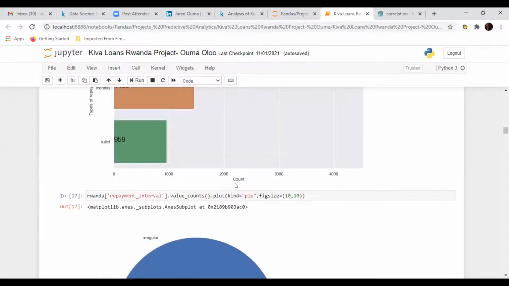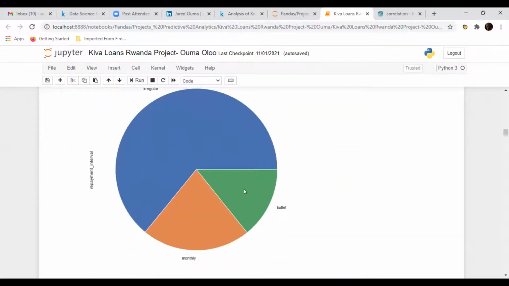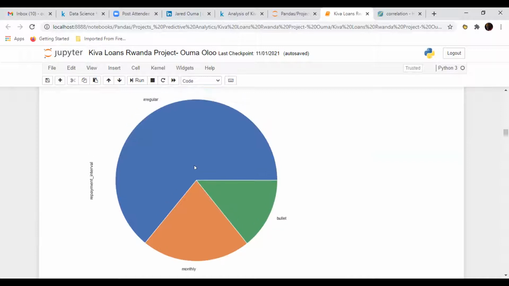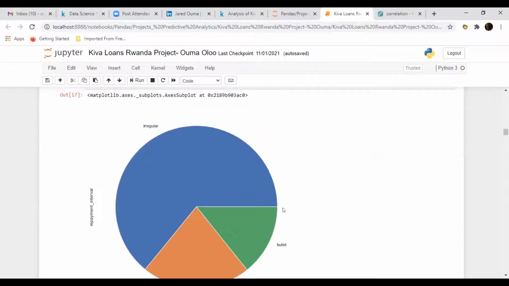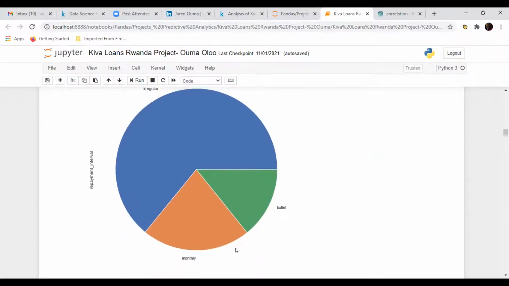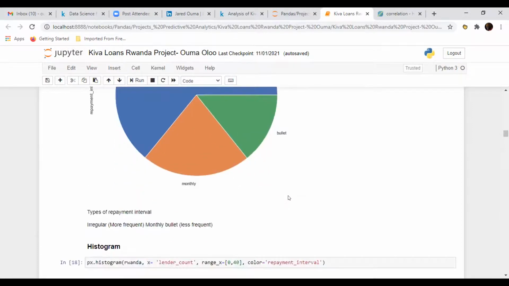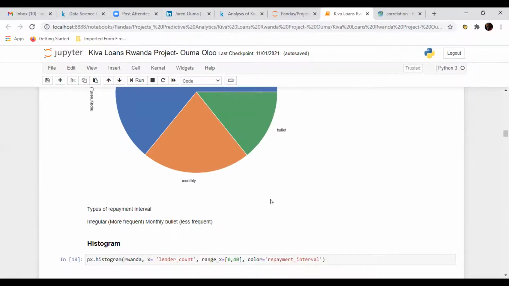I plotted a pie chart on the same, and you can clearly see the repayment interval that was irregular was topping, followed by monthly, you can see by the sizes, and then lastly by the bullet. So irregular was more frequent, then monthly, and bullet was less frequent.